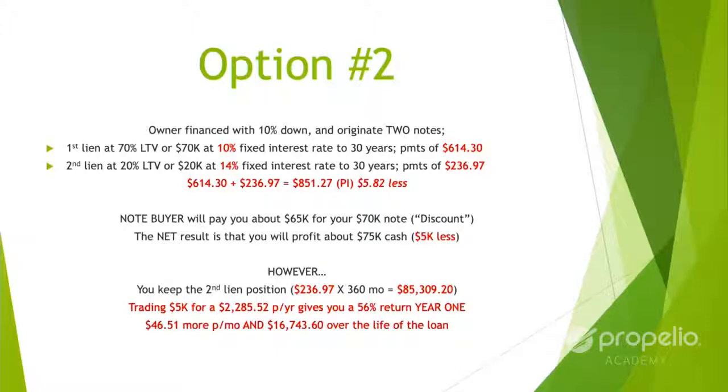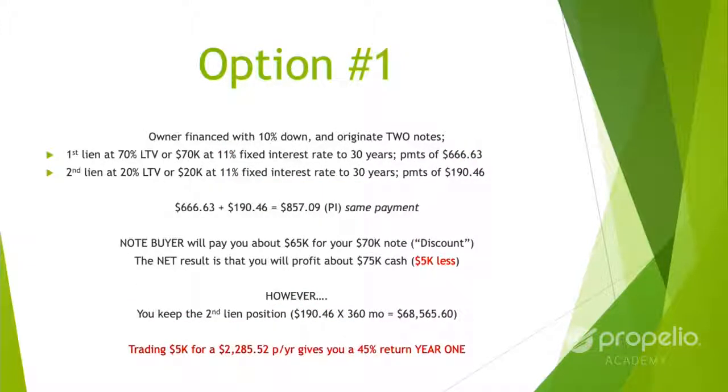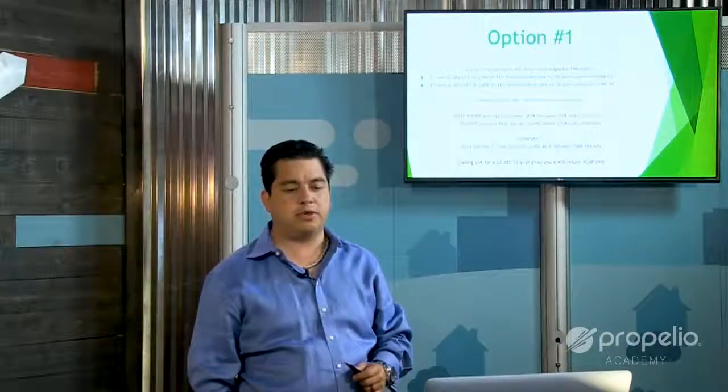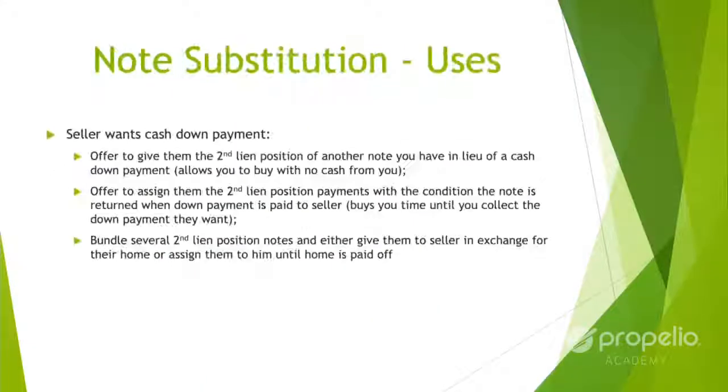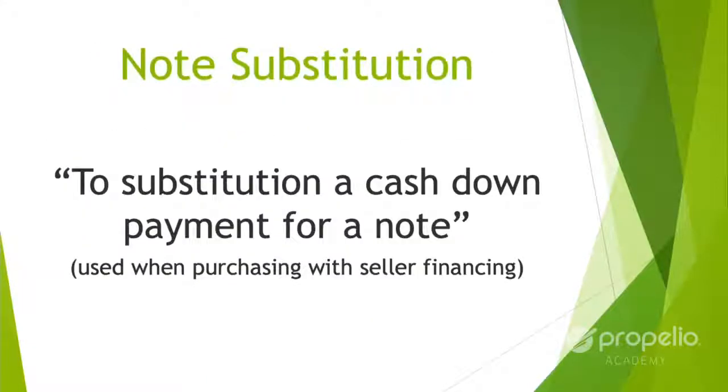Now, if you do the math, $46 per month extra, option number one, you're doing about $190. That's about a 20-25% boost, more or less. So this is really a situation that you really want to be in. Note substitution is a situation where you substitute a cash down payment for a note.